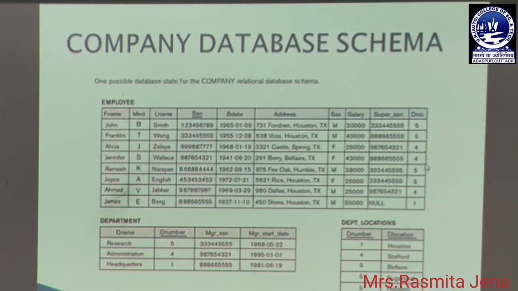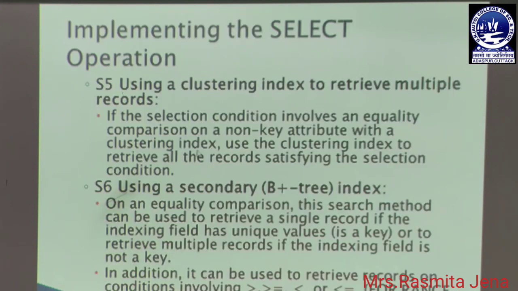And you can retrieve those employee records having department number 5. This is the example of the algorithm when we are implementing the clustering index to retrieve multiple records: if the selection condition involves an equality comparison on a non-key attribute with a clustering index, use the clustering index to retrieve all the records satisfying the selection condition.